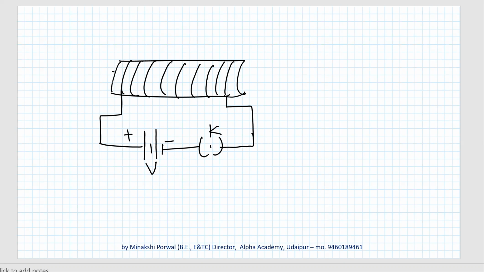Now inside this curved part, there is a piece of iron. Okay, so what is happening is that when current is flowing through these turns, because of that magnetic field is setting up inside this coil.